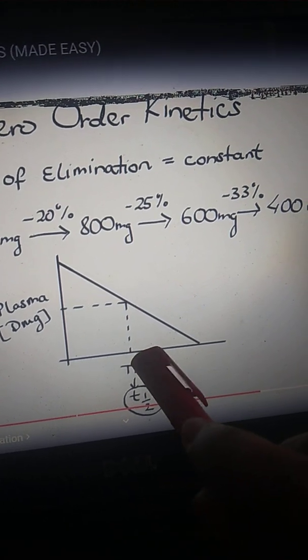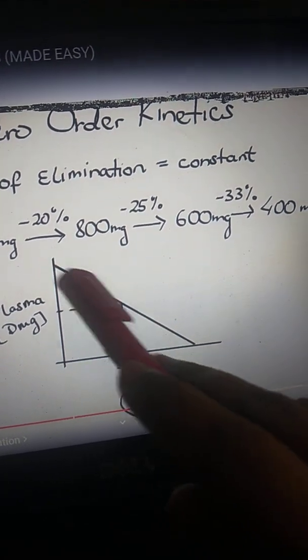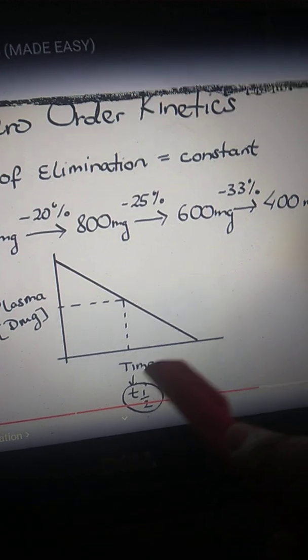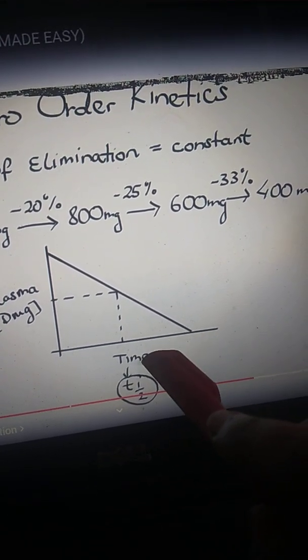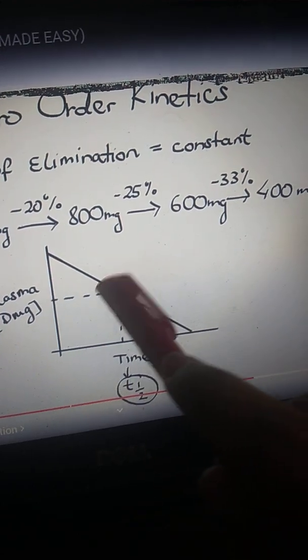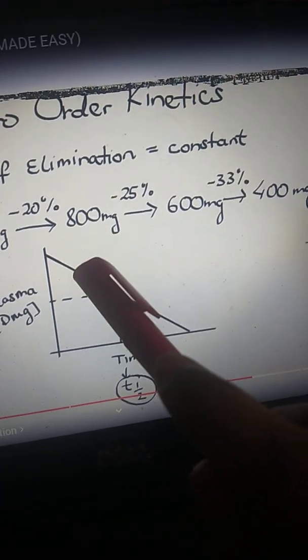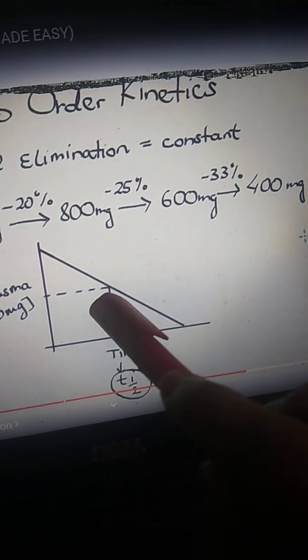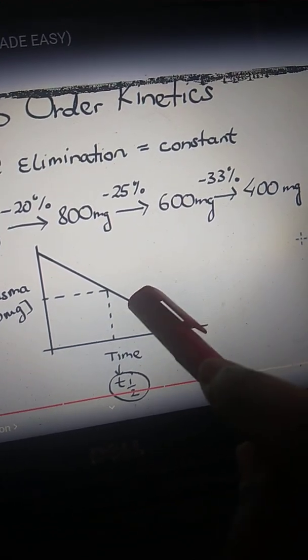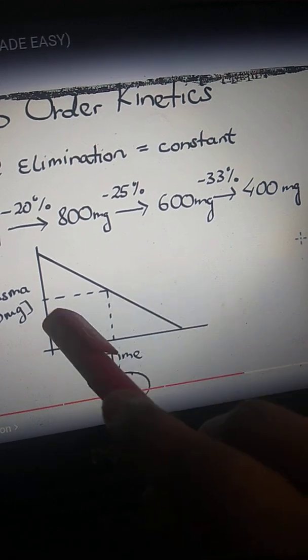And then the time at which the amount of drug is reduced by 50% is called T half. T half is the time at which the dose of the drug, whatever be the dose, even if it's at 800, what is the time required to reduce to 50%? Even if it's 600, what is the time required to reduce to 50%?